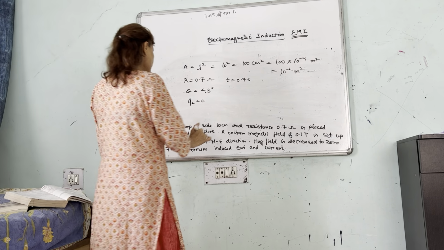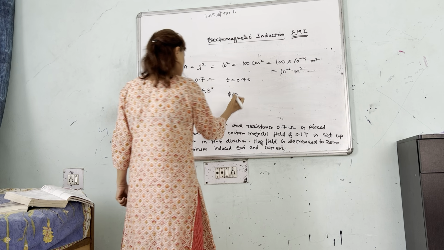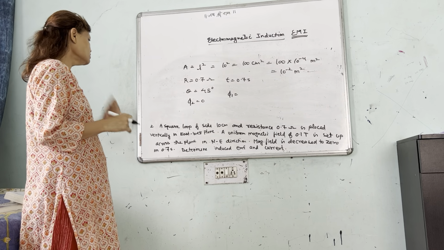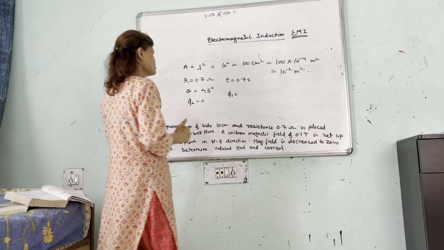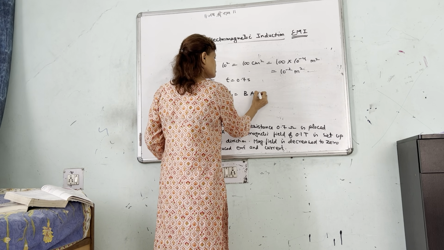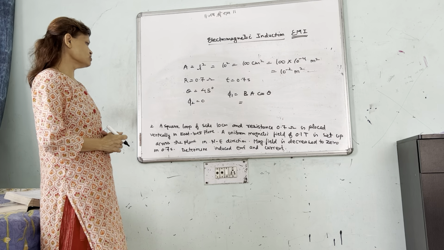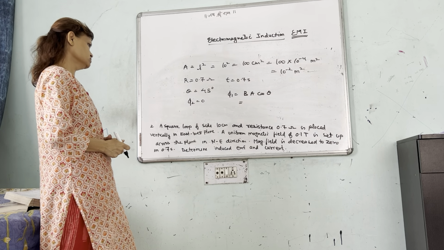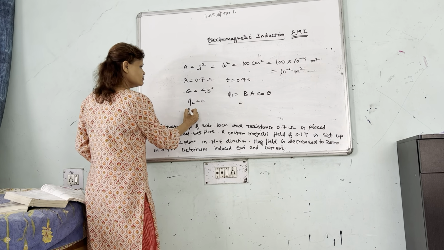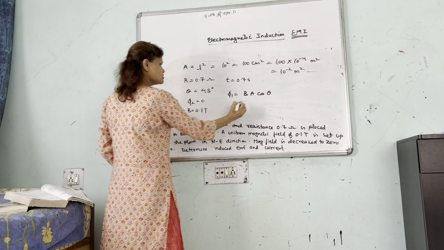So let us find. Number of turns are not given, so you have to consider one turn. So just you have to use BA cos theta. Just now substitute all the values. Yeah, magnetic field is given as 0.1 Tesla.